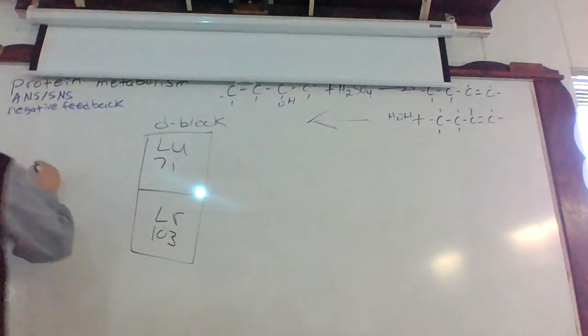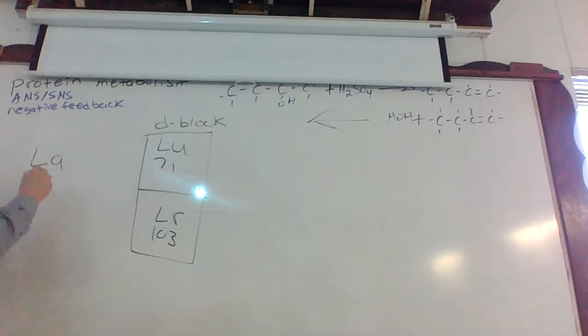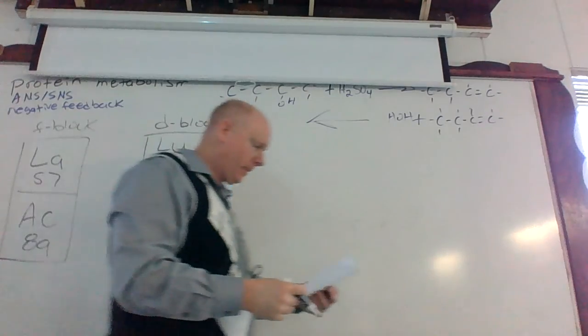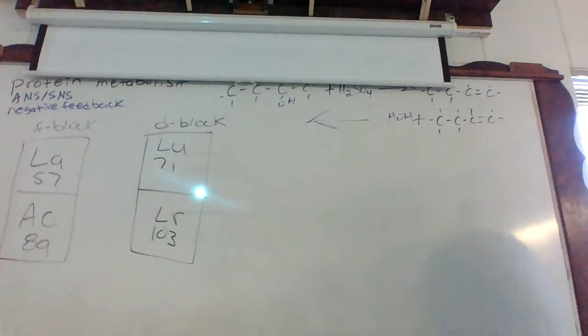So it says LA and AC. This one's element 89. This one is element 57. I want you to put F block above that. Just above those two examples.